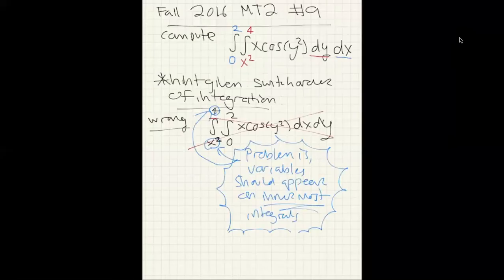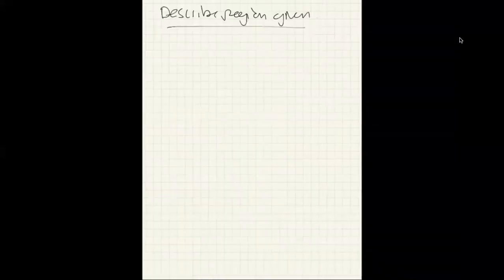So first, x goes between 0 and 2. And then what is that telling me for y? What is it telling me about those vertical strips?